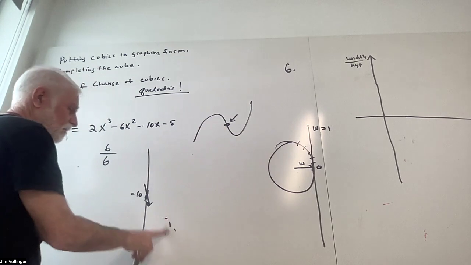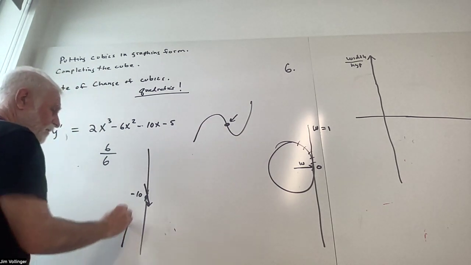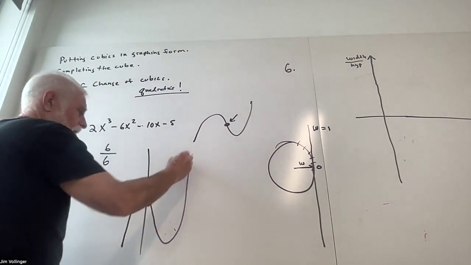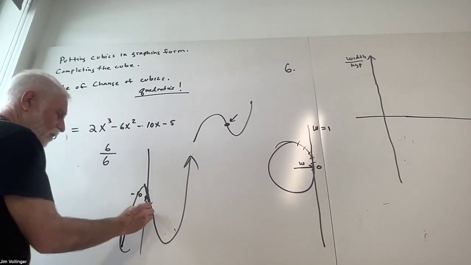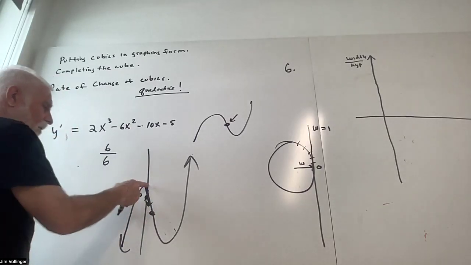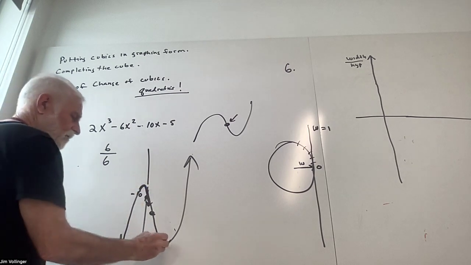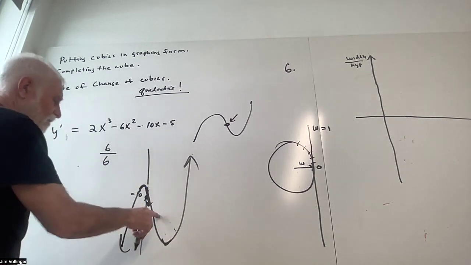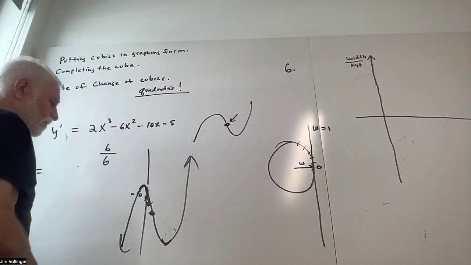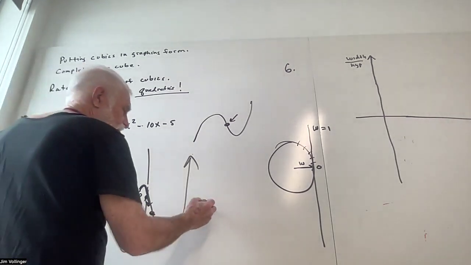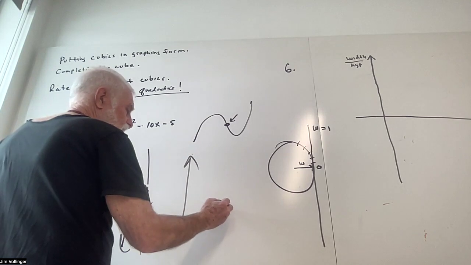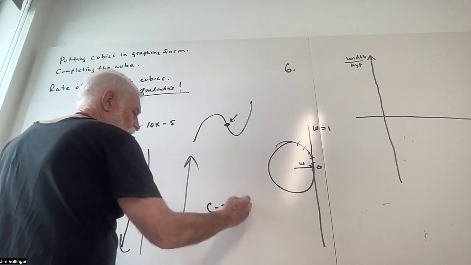And that's going to happen here as well. So I've got a graph that's going to look like this. And it's going to have a point of inflection there. I don't know how high, what the y value is. I know those x values immediately once I find the point of inflection and the rate of change there. All right. So the rate of change at the point of inflection is a little c minus 3a h squared.